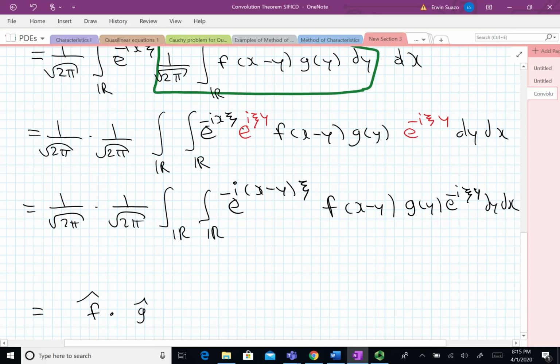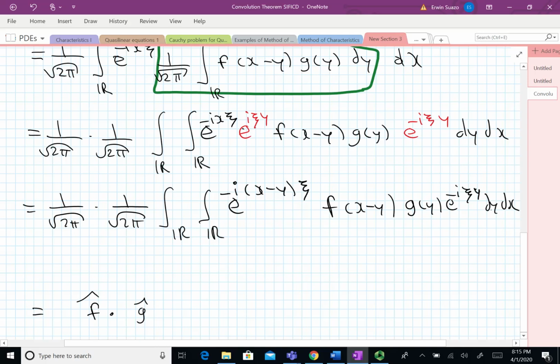Okay, so what is this? So look at this. I got e to the minus i theta (x minus y) f of x minus y, but who is the variable? Here is the tricky part, right? I need the dx over here, not dy.